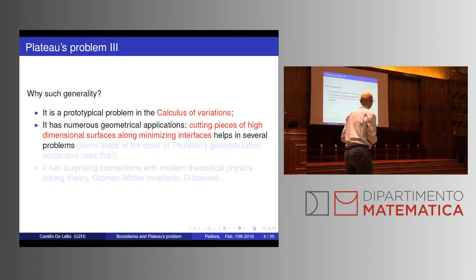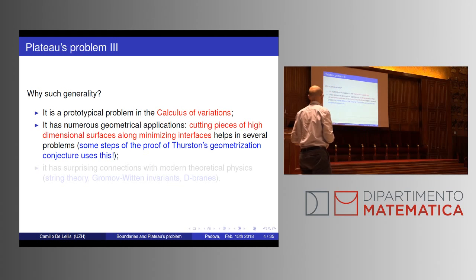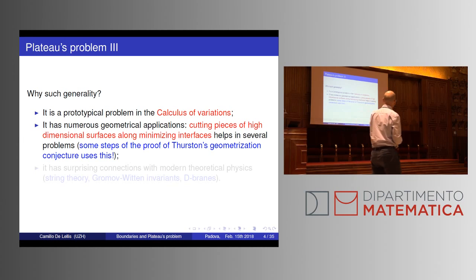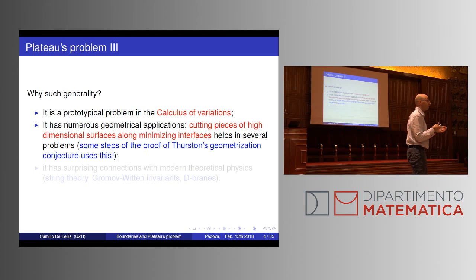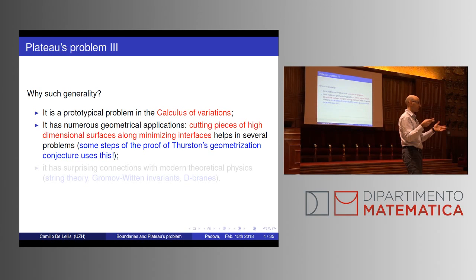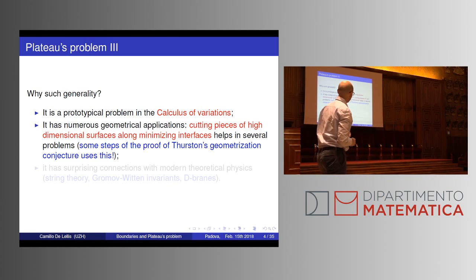This is a remark for mathematicians, of course: if you take the famous resolution of Thurston's geometrization conjecture for three-dimensional manifolds, there are actually steps that precisely use this idea. Three-dimensional ambient spaces are sometimes cut into simpler pieces, and you have to think that the surfaces along which you are cutting your space are surfaces which minimize the area. So there are some situations in which you do this.